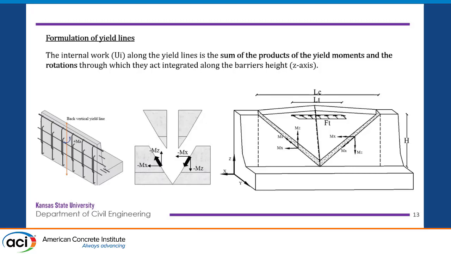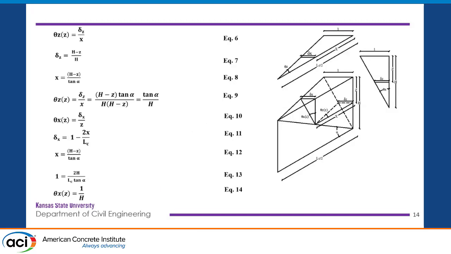So we have two yield lines at the front face, and then we have a vertical yield line at the back side. We want to do an integration of the sectional capacity along the height of the barrier. So we need all the rotations and all the moments as a function of the depth, Z. And Z is measured from the top of the barrier all the way to the bottom.